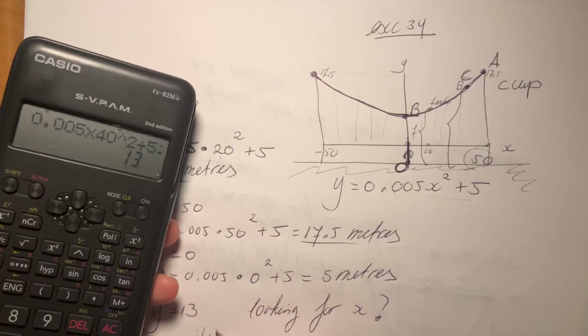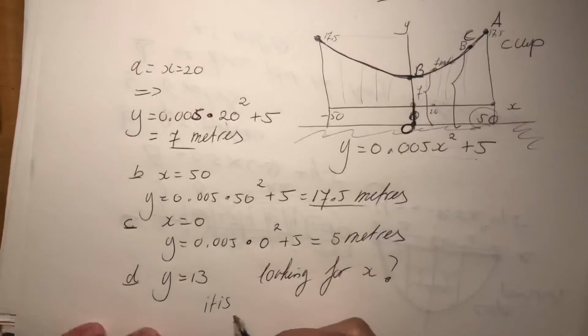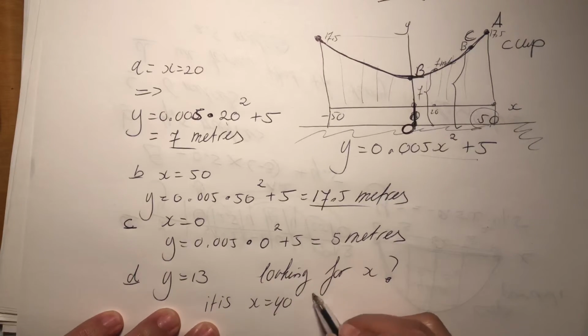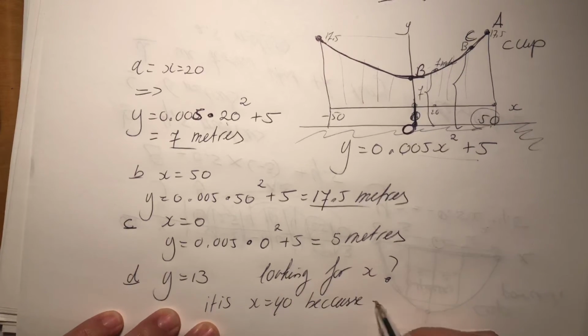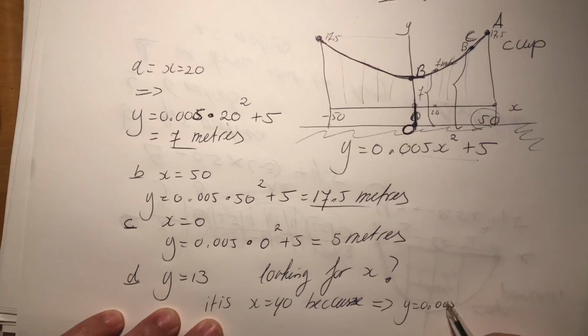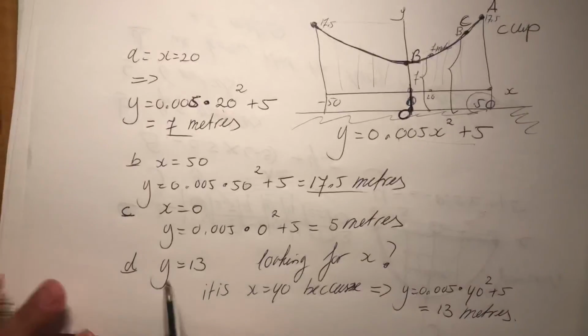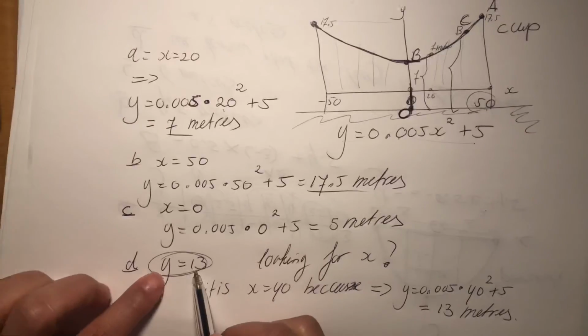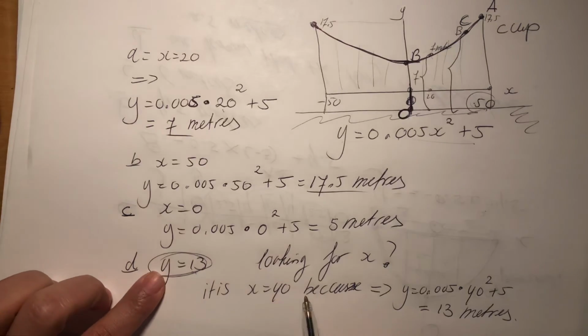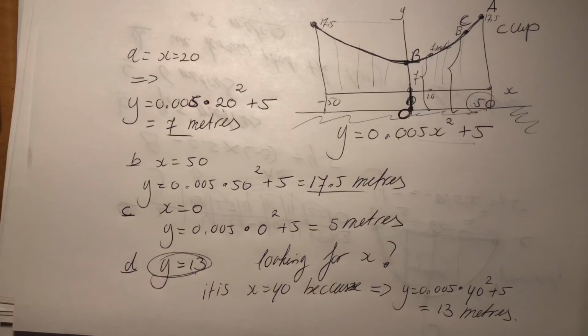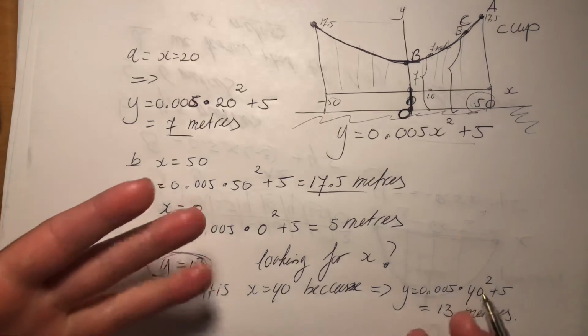It is x is 40 because, and then you show it, because y equals 0.005 times 40 to the power of 2 plus 5 will indeed give me 13 meters. So the last one was understanding that you want this height, and you need to look for the x, you need to search for it. Yeah, and that can be by filling it in, just trying, okay?